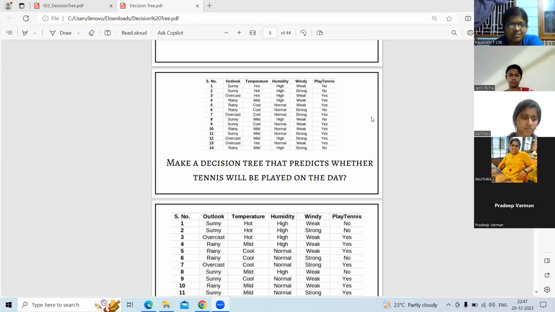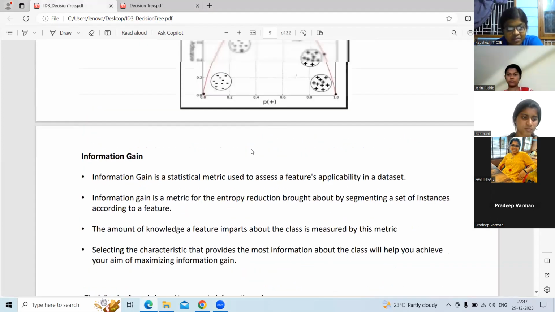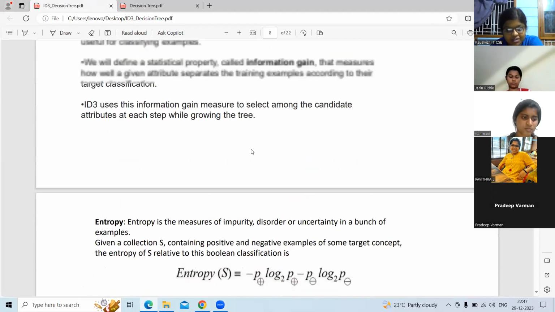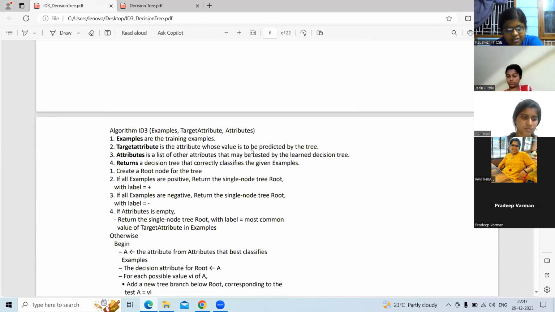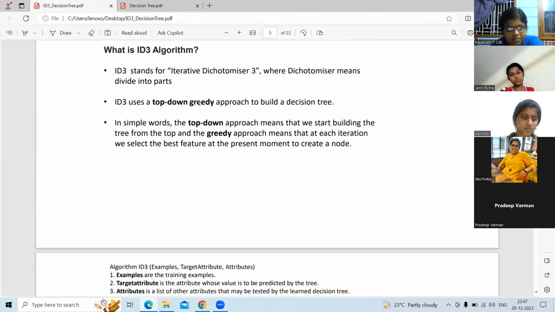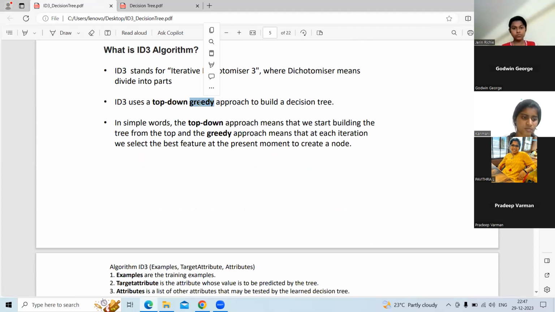Hi all. Now let us understand how this ID3 algorithm works. ID3 basically works on the same principle which we have already discussed. It has these two approaches: one is top-down and the other one is greedy.